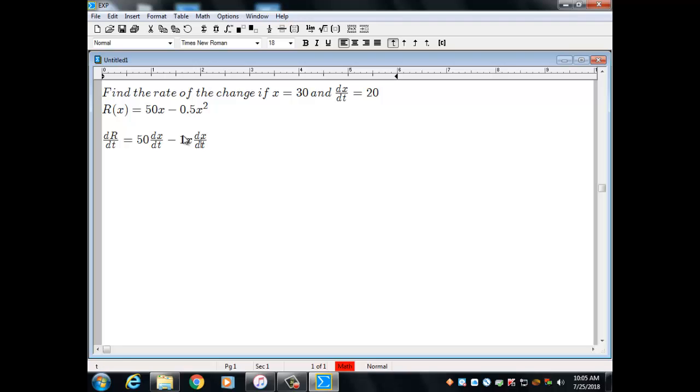So the rate of change if dx/dt is 20 and x is 30, so dr/dt would be equal to 50 times 20, and then minus 1 times x, which is 30, times 20.